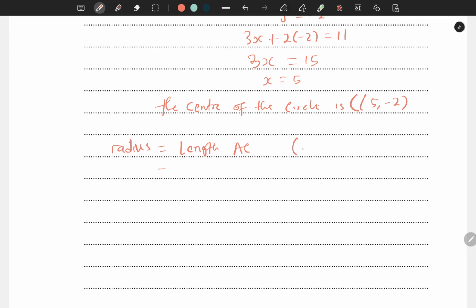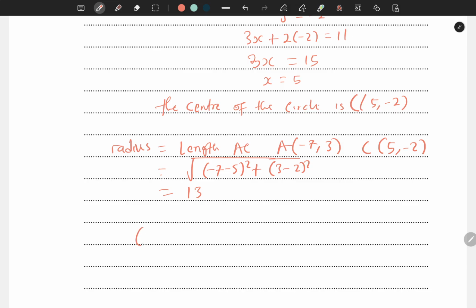So for the point A, (minus 7, 3), and the center (5, minus 2), that's the square root of (minus 7 minus 5) squared plus (3 minus minus 2) squared. By the time you simplify this, it will give us 13.